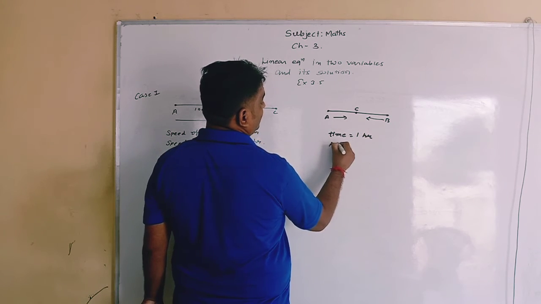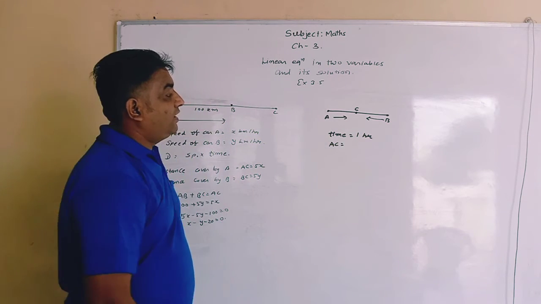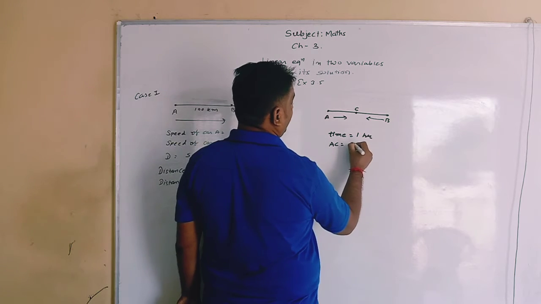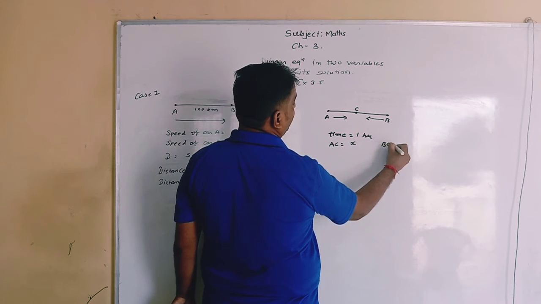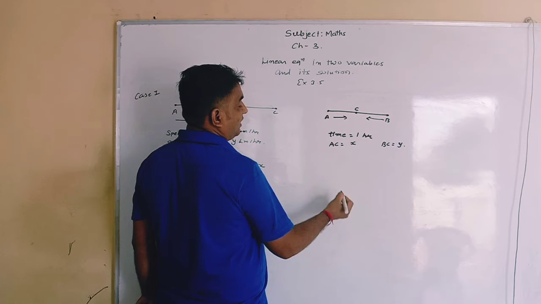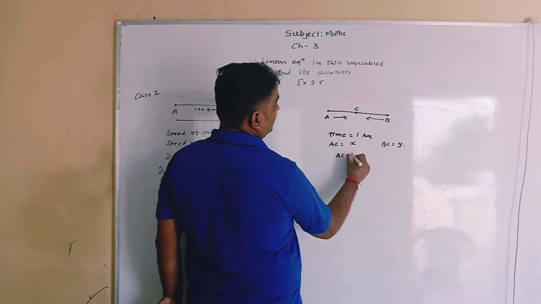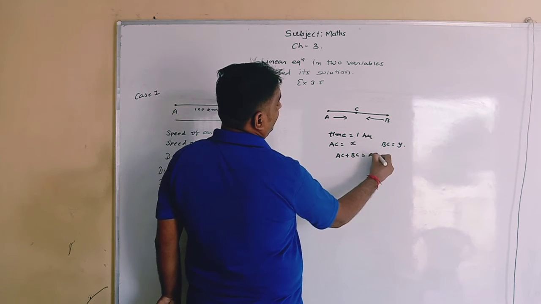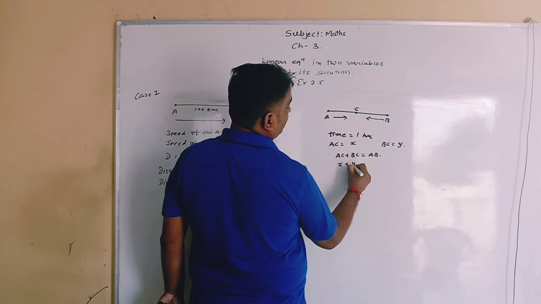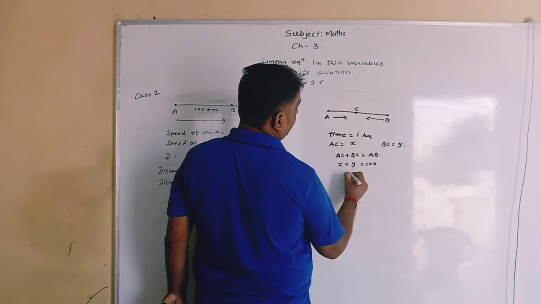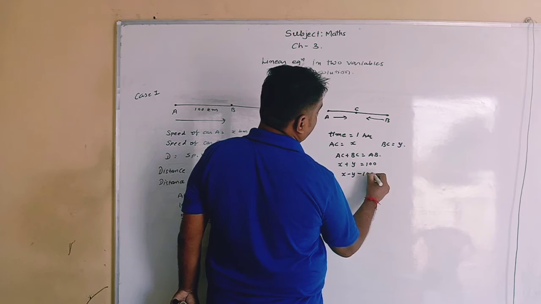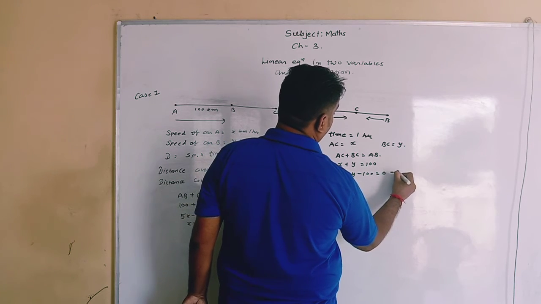So the AC distance, the distance covered by A, will be 1 into x, that will be x, and the BC distance, that is 1 into y, equals y. So AC plus BC equals AB, and so we can write that x plus y equals 100. So x plus y minus 100 equals 0. That is the second equation.